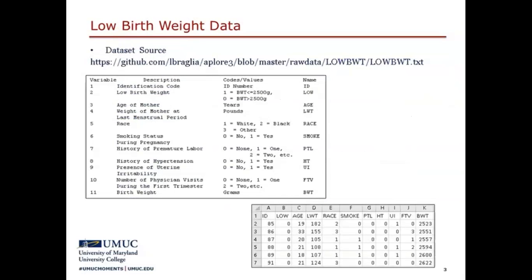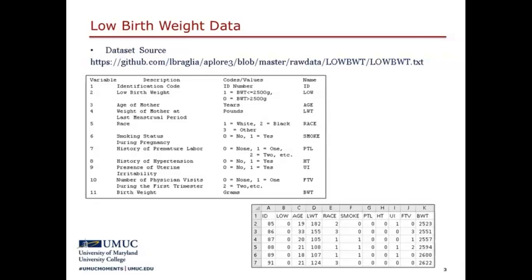So we have the ID of an individual, and we have a variable that tracks if a baby was born underweight, and underweight means weight less than 2,500 grams, and we have variables for the mother's age, the mother's weight at the last period, mother's race, whether the mother is smoking during the pregnancy, the history of premature labor, and so on. And another variable at the end, if you see, is birth weight.